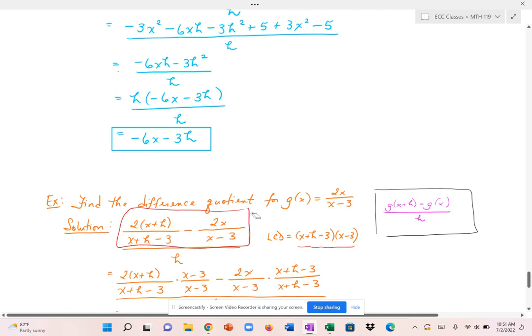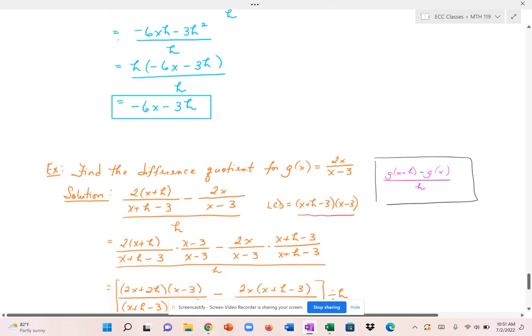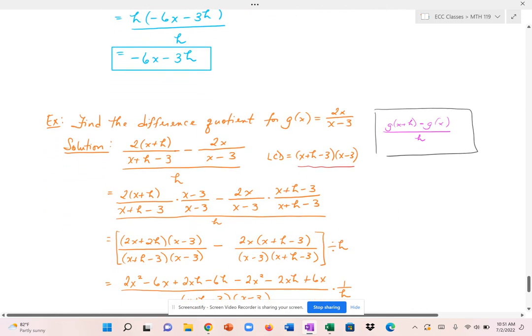In order to simplify and combine them, you need an LCD. The LCD is the product of the two denominators, x plus h minus 3 times x minus 3. So what that means is that I need to multiply the first one by x minus 3, the second one by x plus h minus 3 on the top and on the bottom so that I have a common denominator.